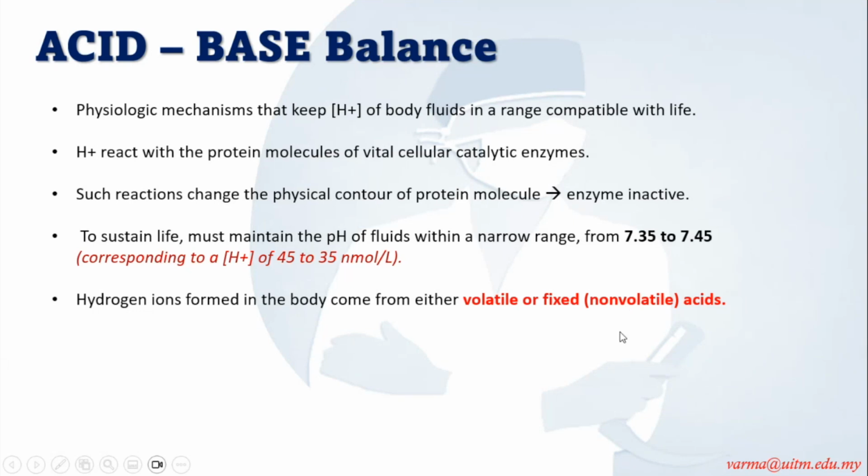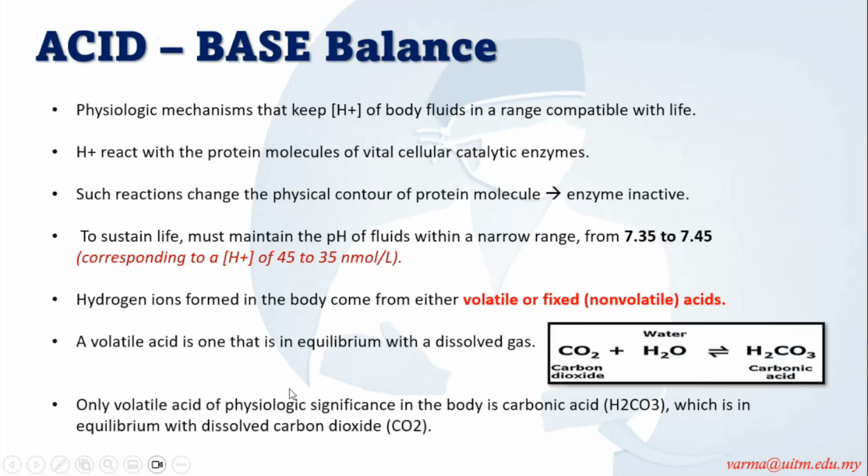They can only be eliminated in a certain way, and it's not easily convertible from one form to another form. Okay, a volatile acid is one that is in equilibrium with dissolved gas, from a liquid to a gas form. And the only volatile acid of physiologic significance in the body is carbonic acid, H2CO3. This is the only volatile acid.